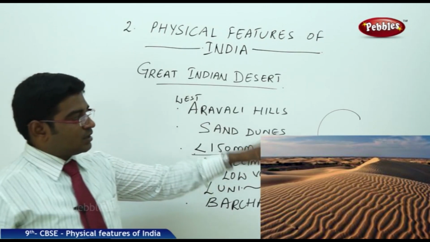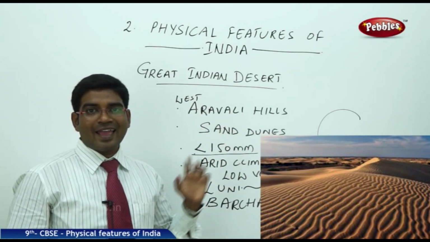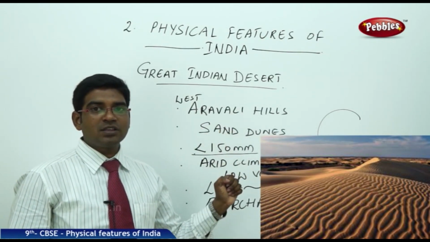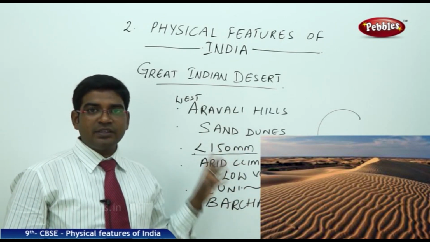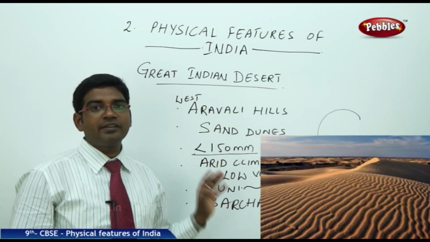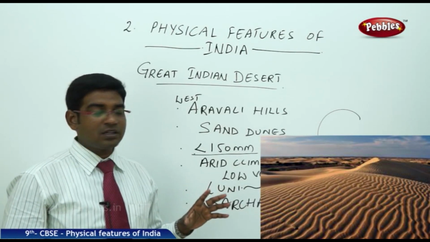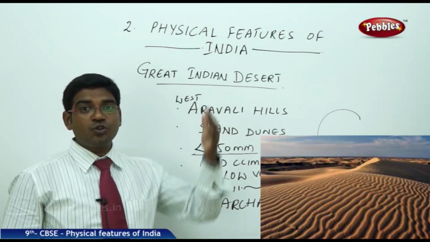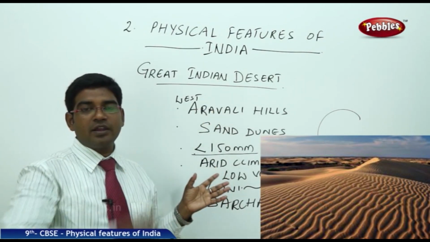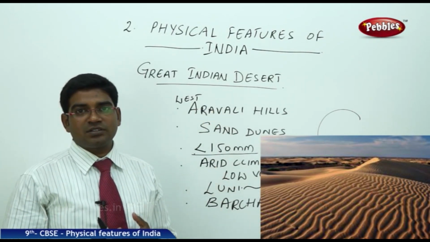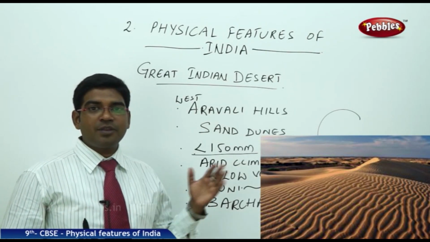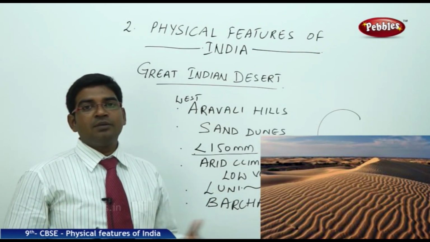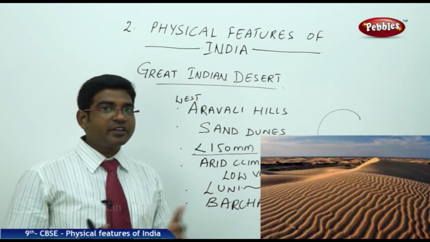So these crescent shaped sand dunes are known as Barkans, which are very prominent in the Indian part of the Great Indian Desert, that is in the Thar Desert. And you also find most of the time the longitudinal sand dunes which are very tall and like hilly structured dunes. So these are very prominent as we move towards the Pakistan and India border region.